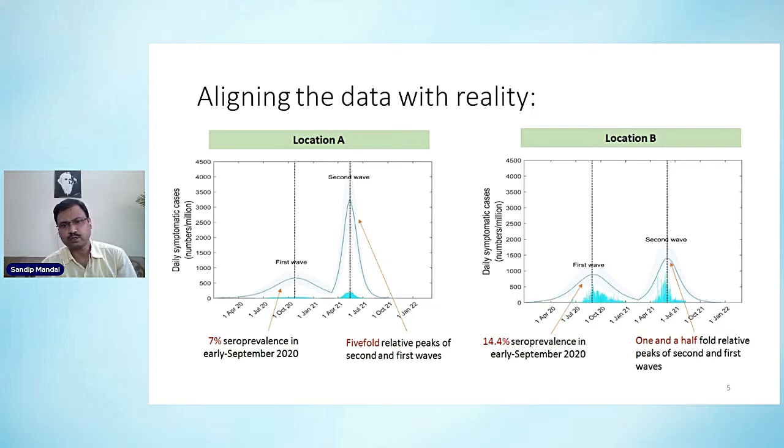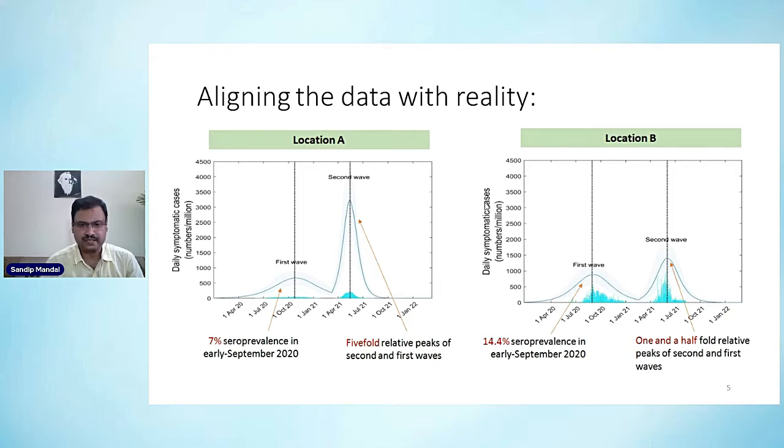In location B, the seroprevalence in early September was much higher than in location A, about 14%, but the second wave peak was much lower compared to location A, only 1.5-fold higher than the first wave peak. Therefore, with the calibrated model, we can see that the peak size was different, and we had calibrated the R0 value for the first and second peak for the 2 locations.